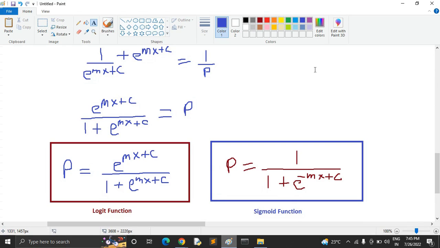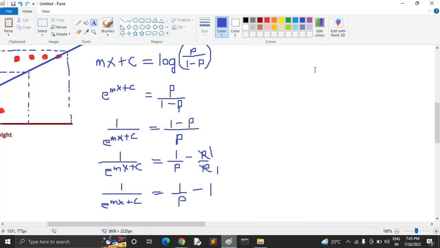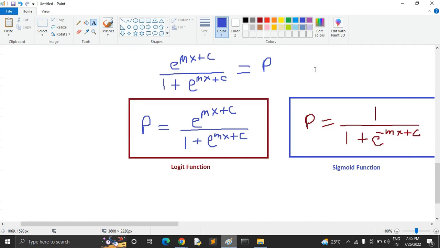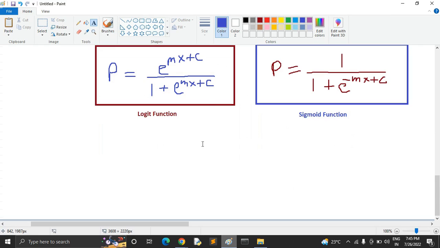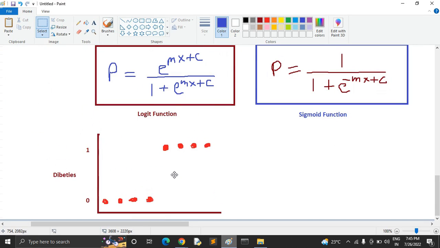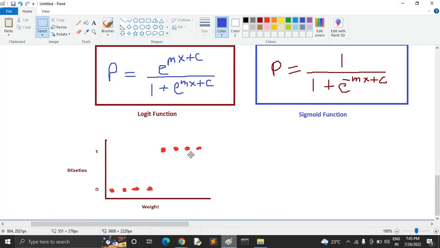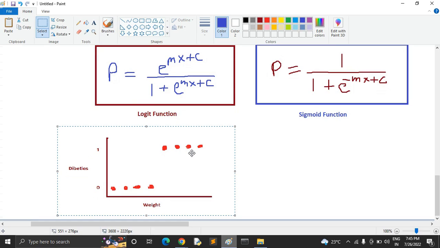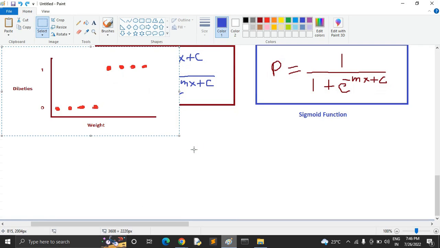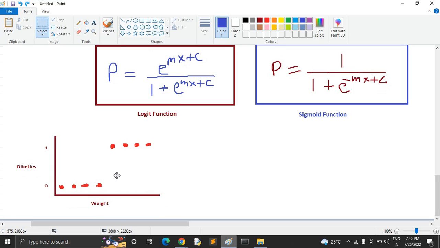Now, if you do not understand what exactly this derived, let me show it to you in a graphical view. So this is our graph, right? If you remember, this is the graph that we have drawn, weight by diabetes, which gives us the range of minus infinity to plus infinity.